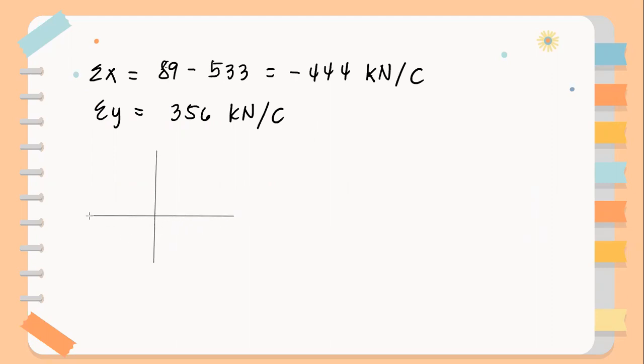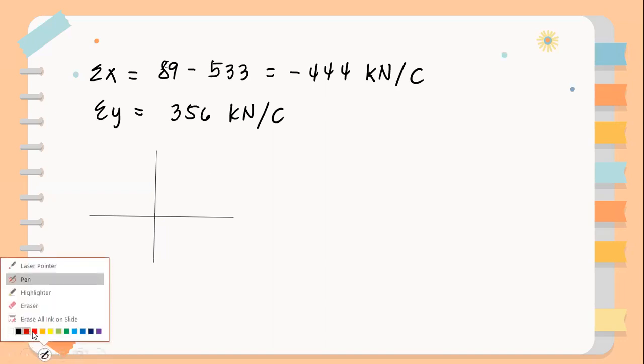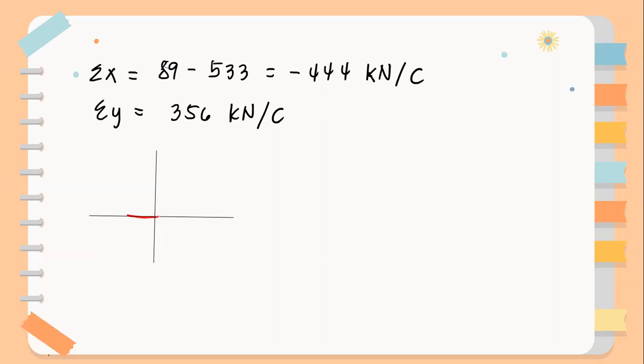Okay, getting the figure, since negative 444 is going to the left, we have 444 kilonewtons per coulomb, then 356 kilonewtons per coulomb. Then this one is your electric field.